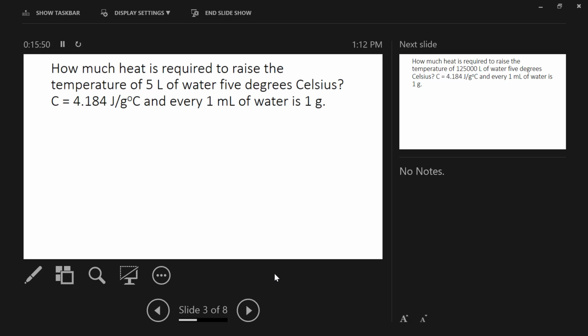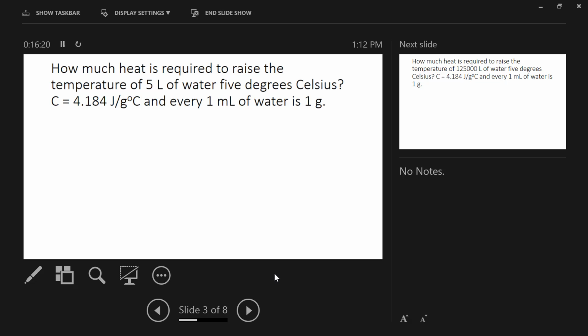Okay. Now tools. What tools do we have that contain specific heat, mass, and change in temperature? It's okay to answer this. Yep. Q equals m c delta T. All right? Now, what is this problem asking for? What do we want?